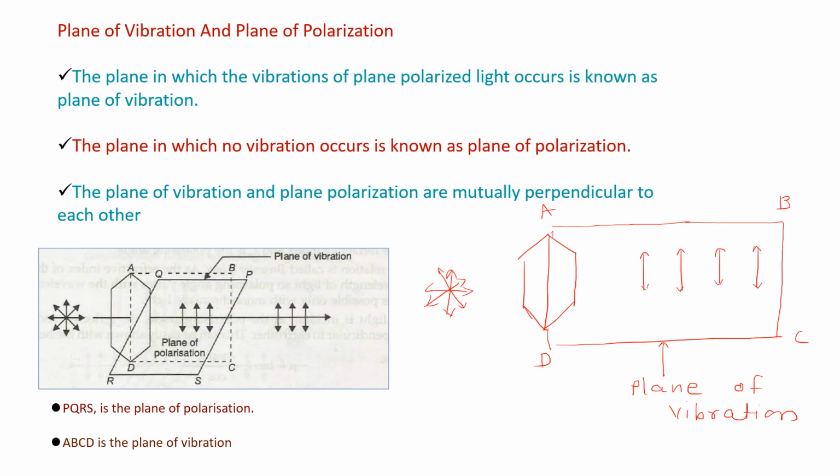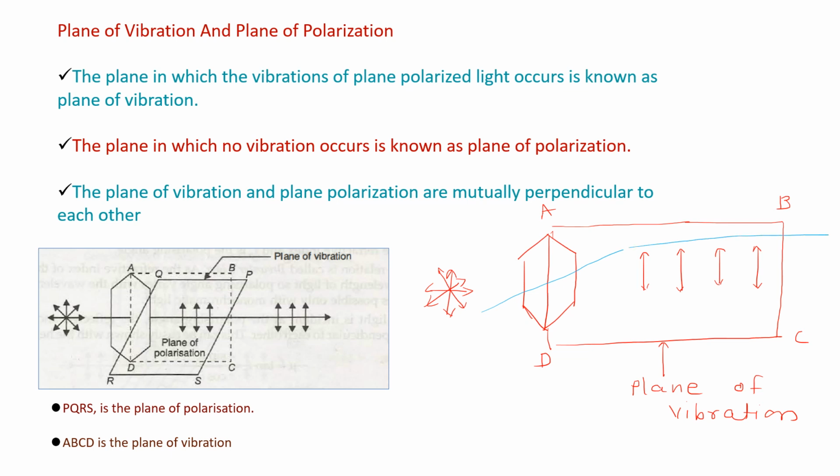The plane which is perpendicular to the plane of vibration is called the plane of polarization. The plane which is perpendicular to the plane of vibration. So how can I show this plane? It is a plane which is perpendicular to the plane of vibrations.